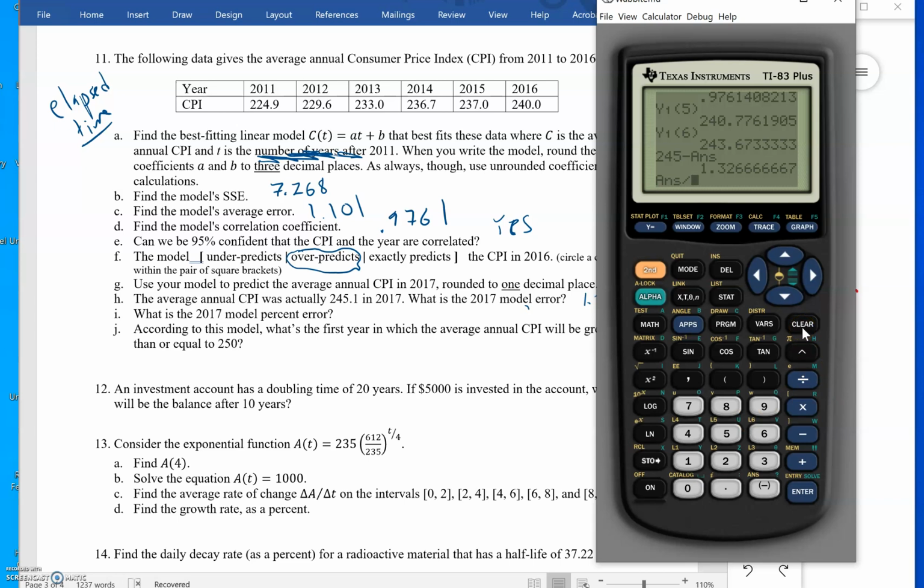So let me go back and correct that. That's a minor mistake, but it could throw me off. So let me fix it, and I'm going to have to redo my computation. So it's 1.43.